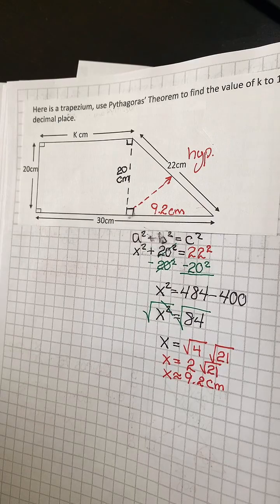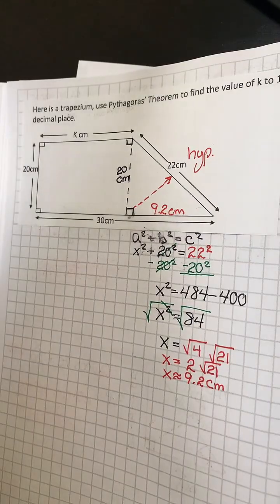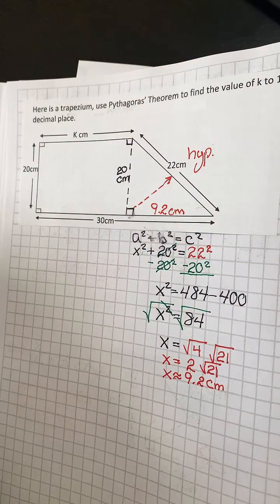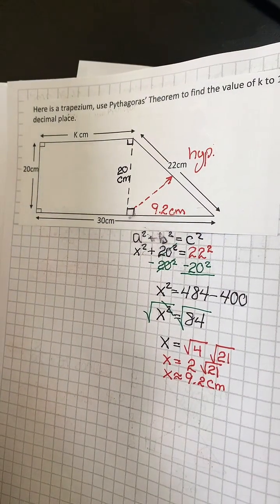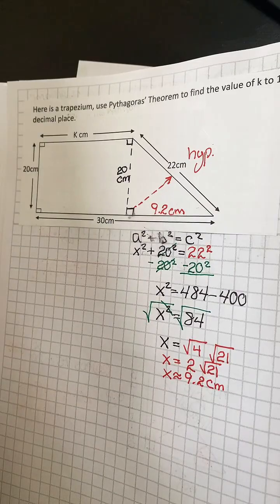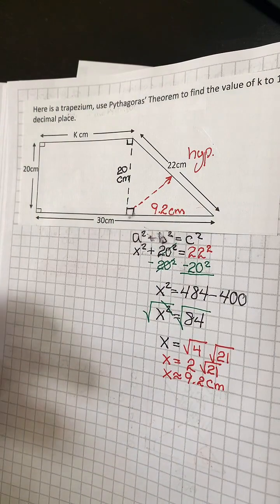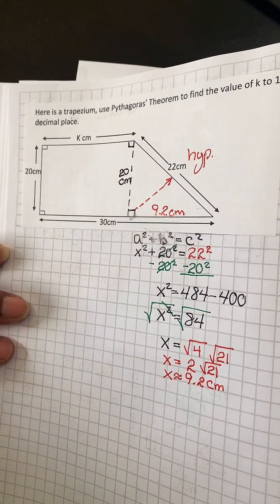Robert, how are you? 30 minus 9.2. Jess, 30 minus 9.2. Gabe, 30 minus 9.2. Awesome.